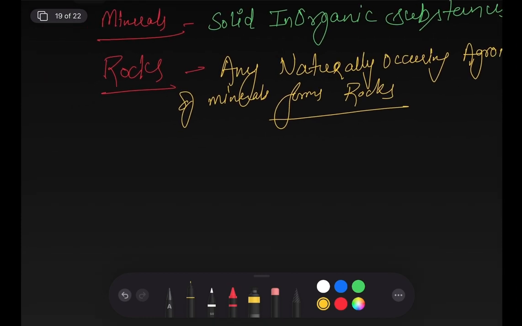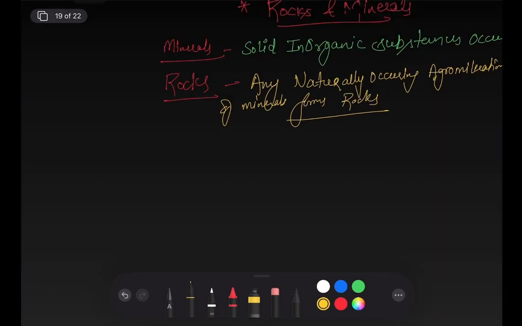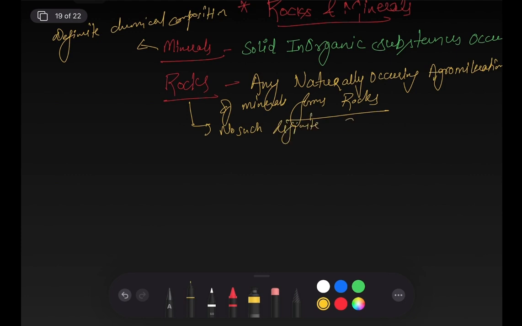What is the difference between these two? Let's see. Minerals have a definite chemical composition, while rocks have no such definite chemical composition.